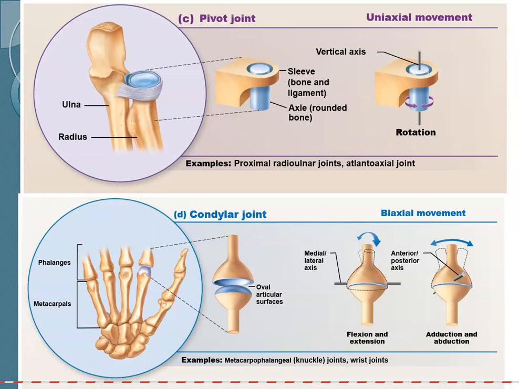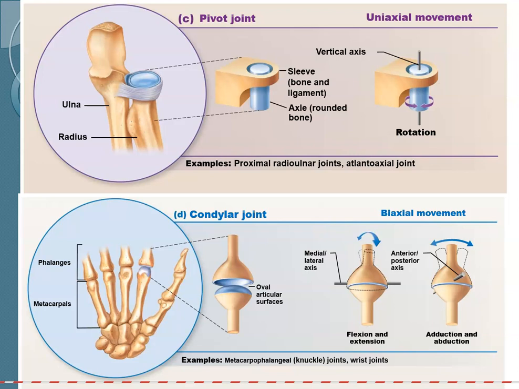Next, we're going to talk about pivot. So pivot joints, we have a rounded head and then a circle surrounding it. The circle does not need to be made completely by bone. The circle can be completed by ligaments. So in the elbow, we have a pivot joint that's between the ulna and the head of the radius. We also have a pivot joint at the atlantoaxial joint.